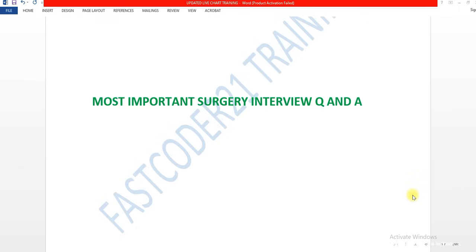What is vertebroplasty? Vertebroplasty is the process of injecting material into the vertebral body to reinforce the structure of the body using imaging guidance. What is vertebral augmentation?